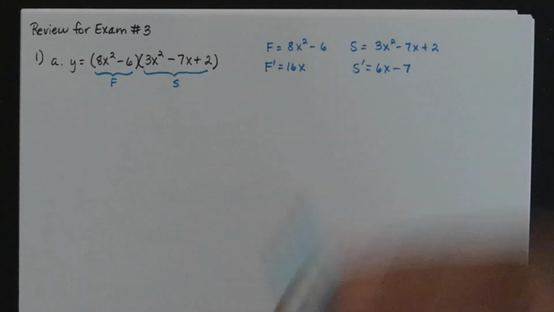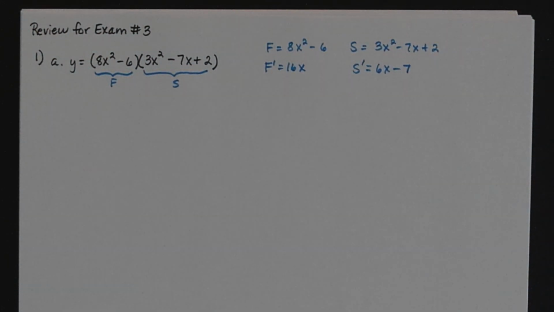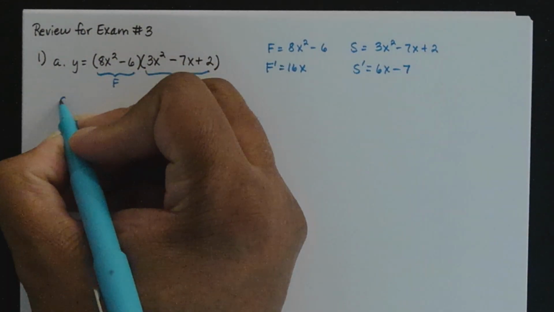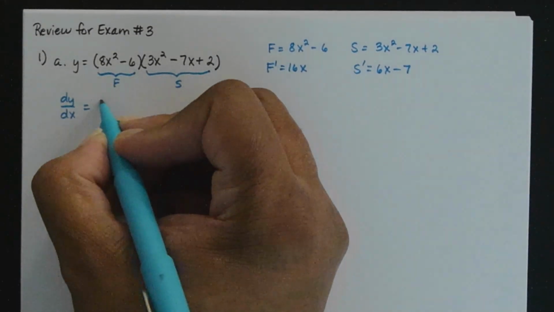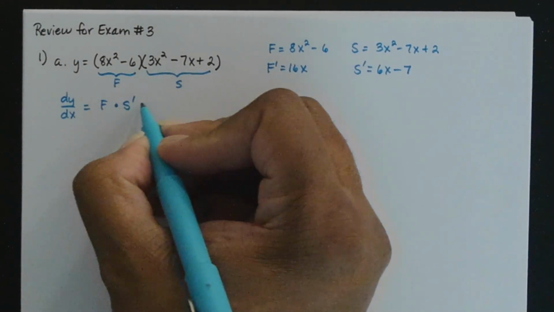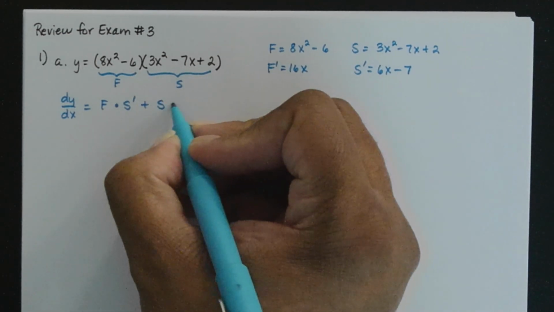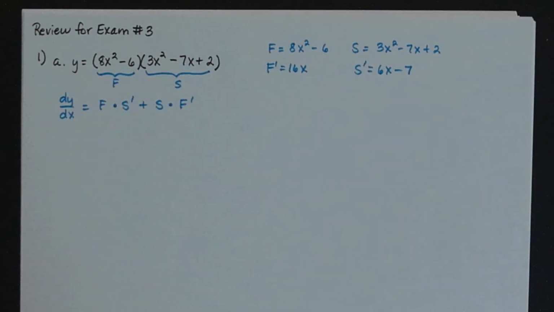6x minus 7. Okay. So now to find dy dx. dy dx is just going to be this, the first times the derivative of the second plus the second times the derivative of the first.